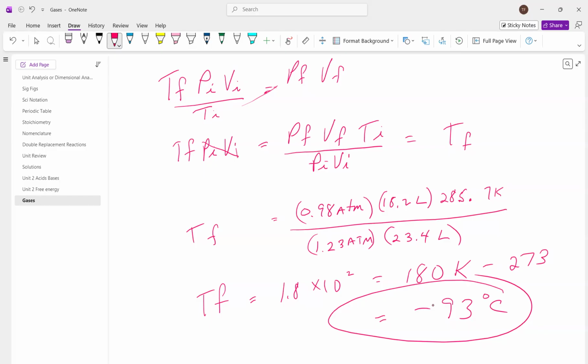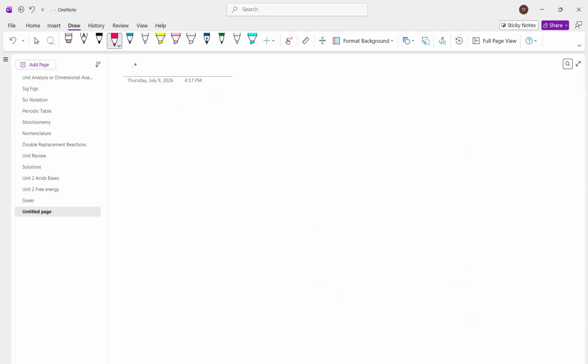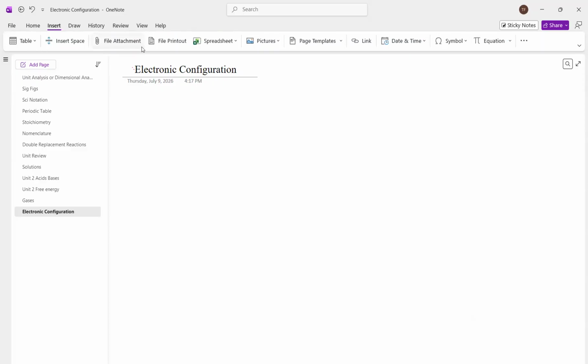And it was an advance off of Bohr's atom. On this one, it helps to have a periodic table.